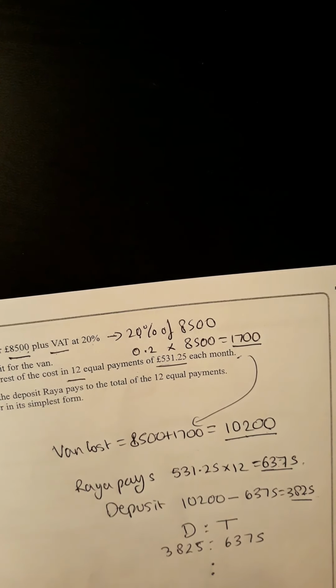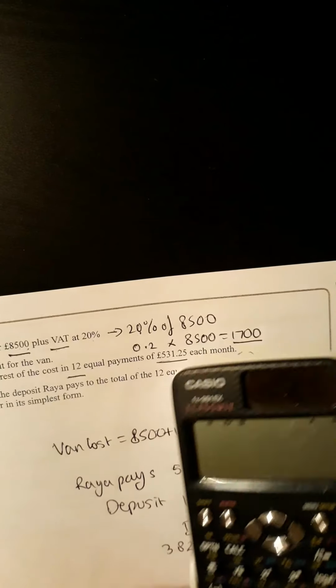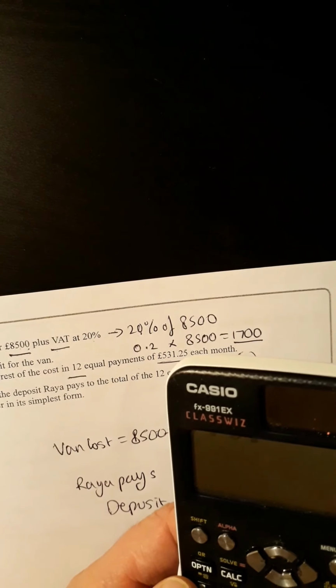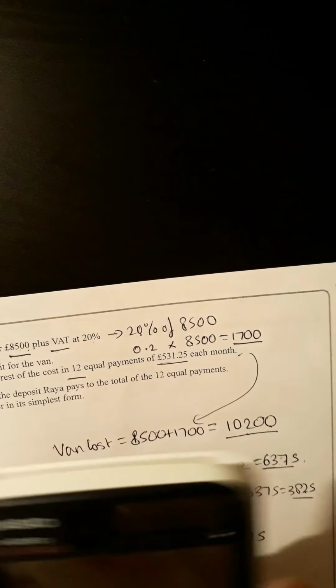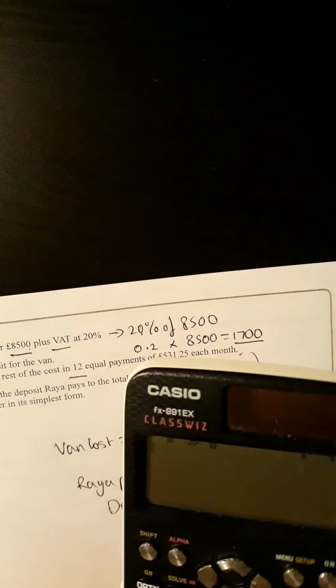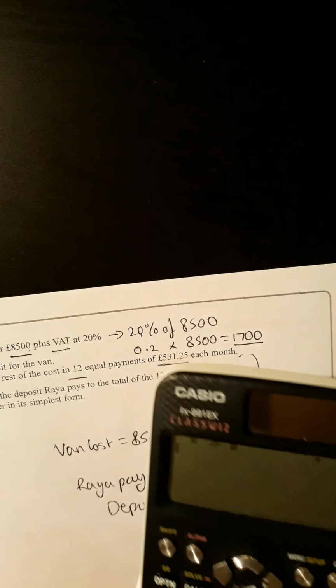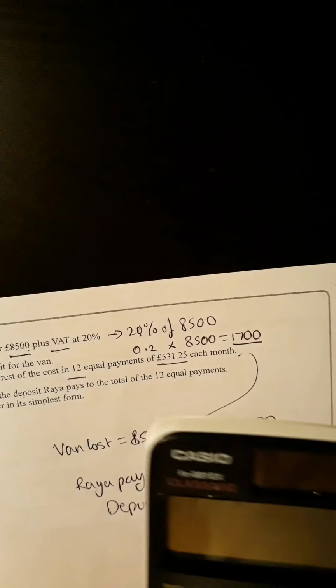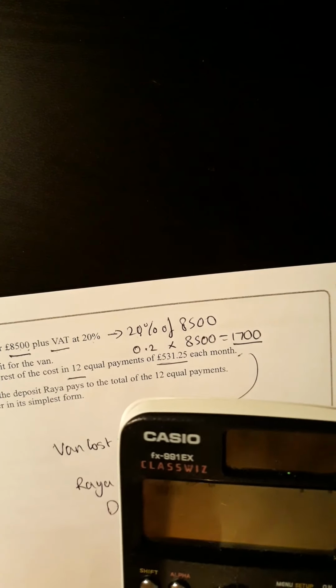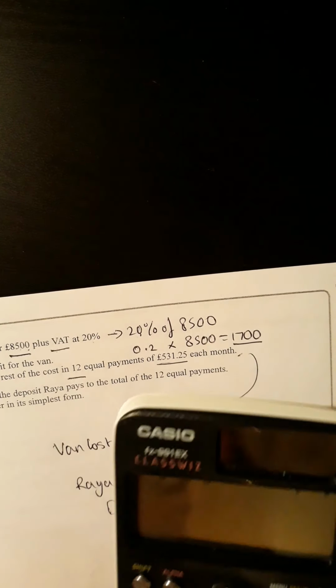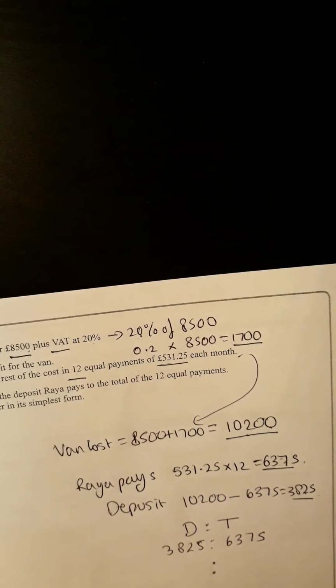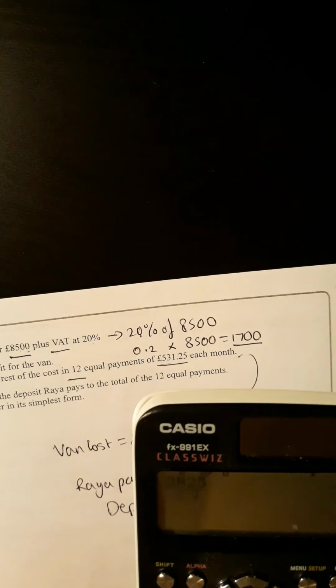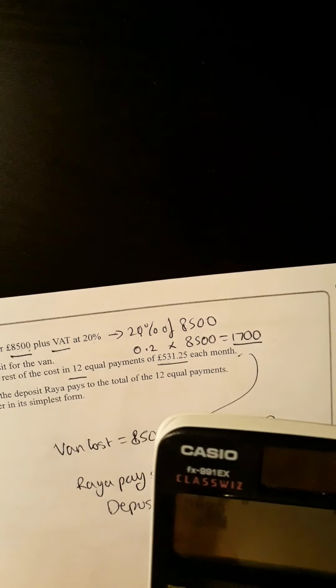So if you use your fraction button on your calculator, which is this button here, and you type in 3825, press that, 6375, there's my fraction.